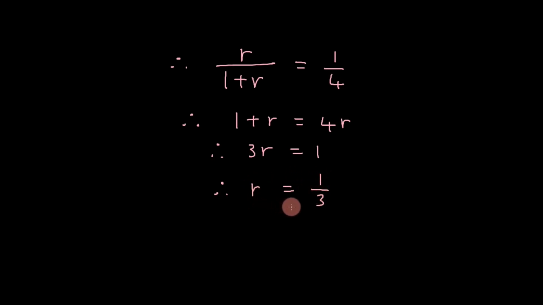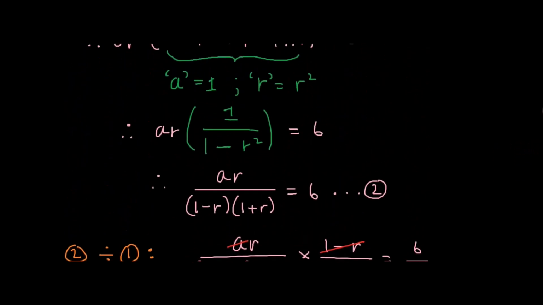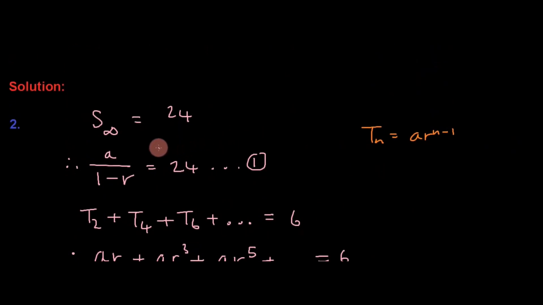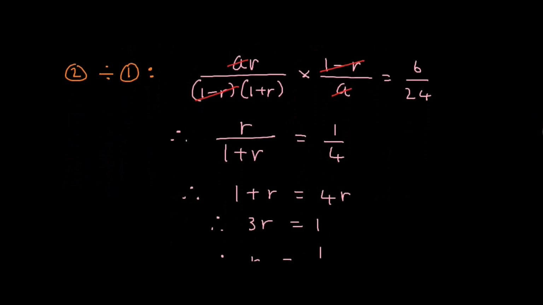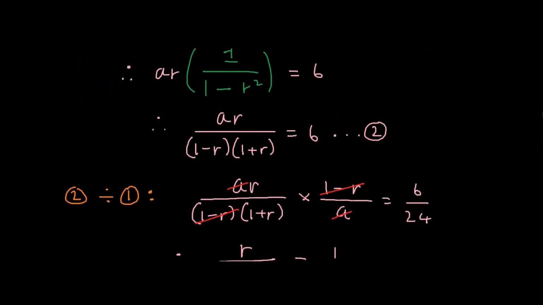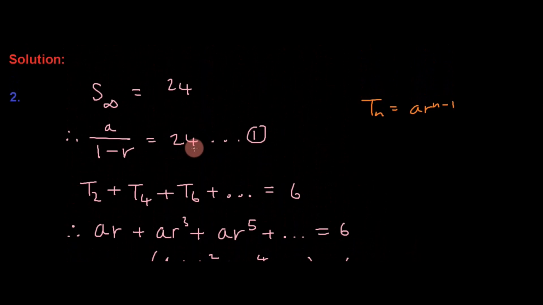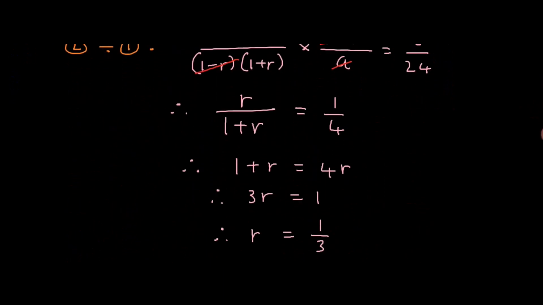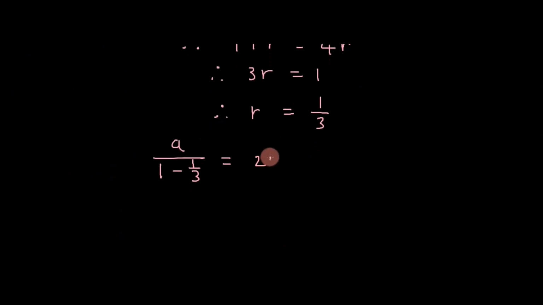Now that we have r, we can plug it back into equation 1. So into this equation to get a. So then a over 1 minus r equals, and we saw that this was 24. So it's equal to 24.